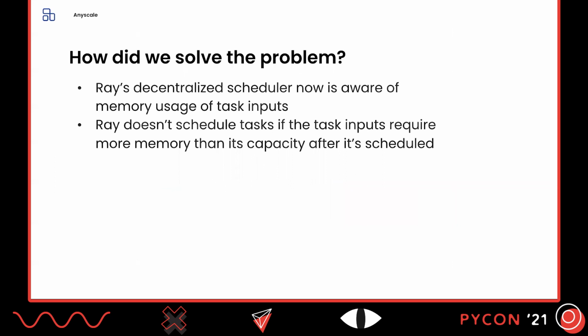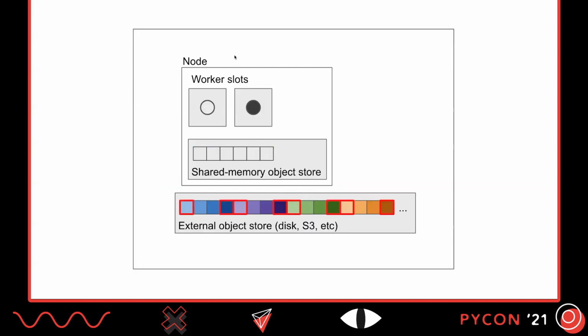Now Ray has a decentralized scheduler, and the Ray decentralized scheduler is also a decentralized memory manager. And Ray doesn't schedule tasks if the task input requires more memory than its capacity after it's scheduled. So let's see what that means with a real example. Previously we just tried to restore objects for each task, but now Ray smartly knows that if we put objects for both tasks at the same time, it's going to be out of capacity.